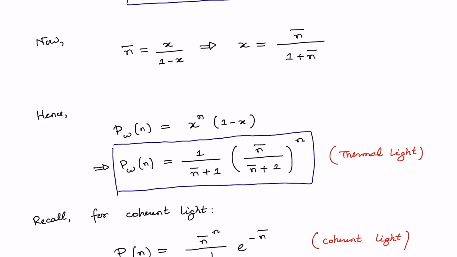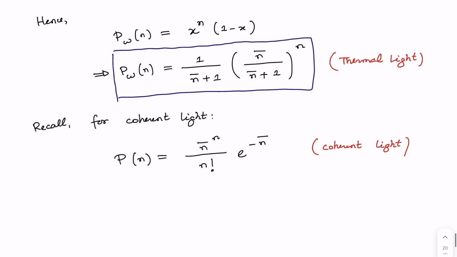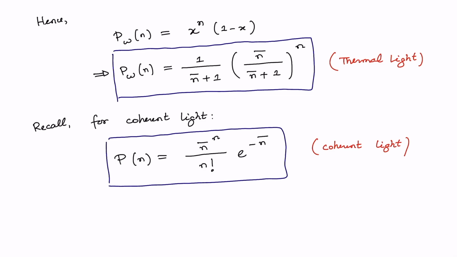The reason I am writing it in this form is that I can easily compare it with the coherent light which we have discussed, whose probability distribution obeys the so-called Poissonian statistics. From these two expressions, as you can see, the probability distributions for the thermal light and the coherent light are different expression-wise also.